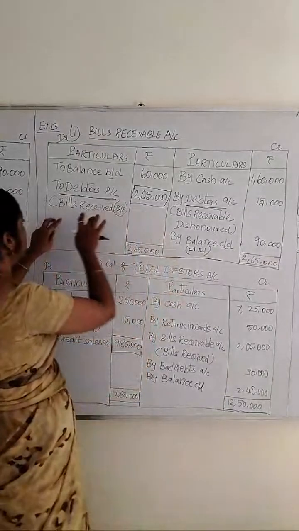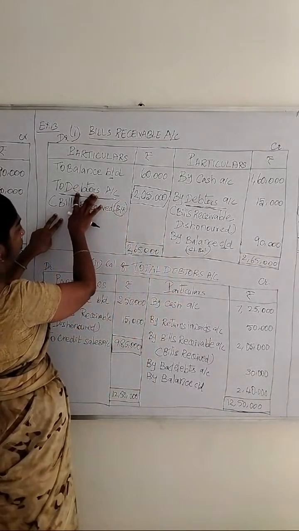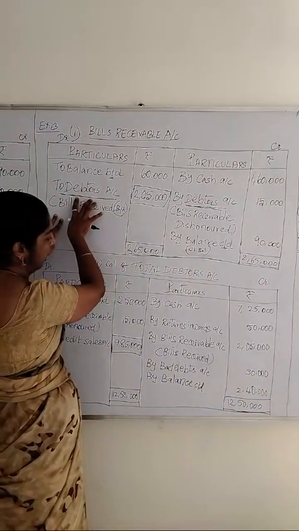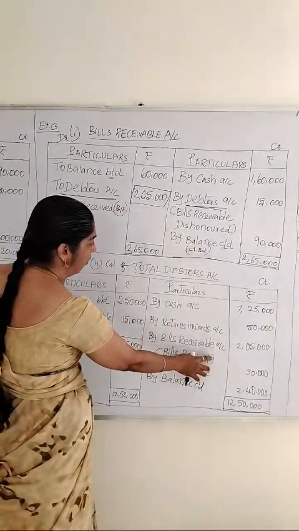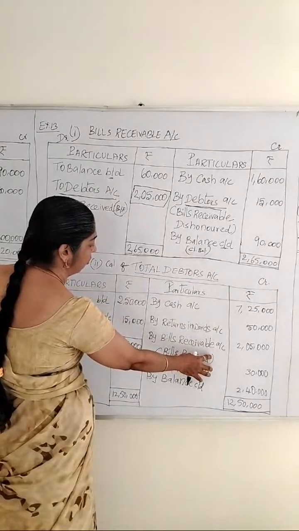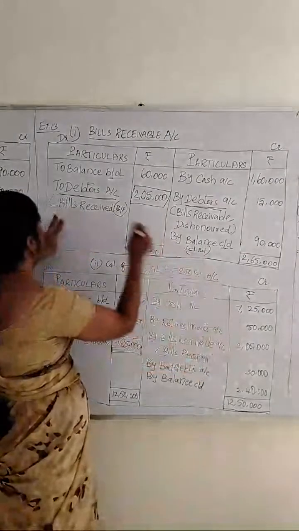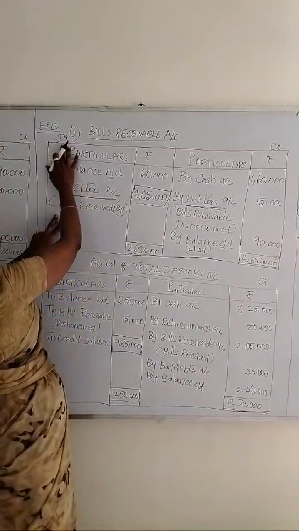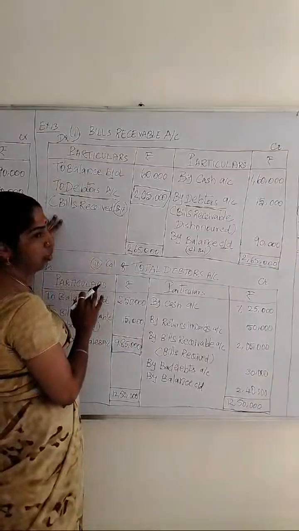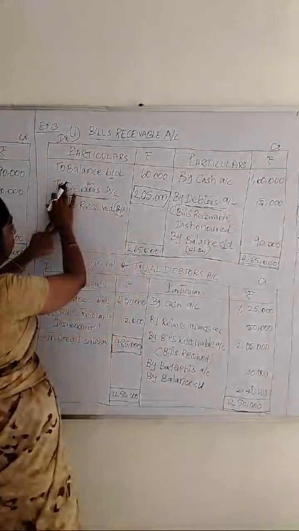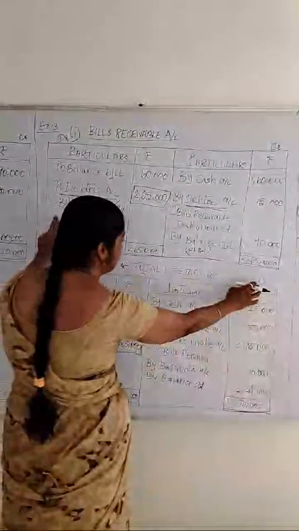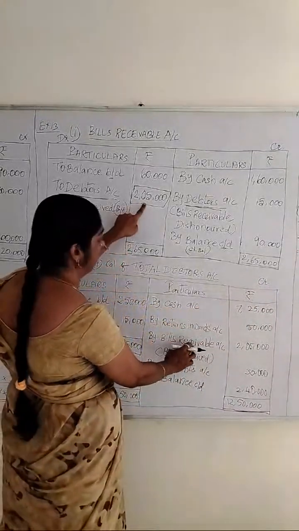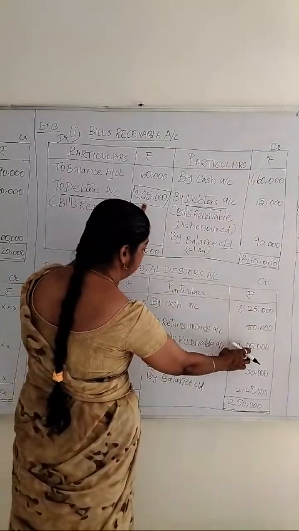If you get bills received from debtors account in bills receivable, you are going to enter it on the opposite side of the total debtors account. Bills receivable received debtors account is shown on the debit side of the bills receivable, so you are going to enter it on the credit side of the total debtors account. You are going to enter bills receivable 2,05,000 rupees.